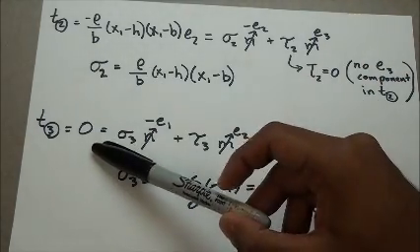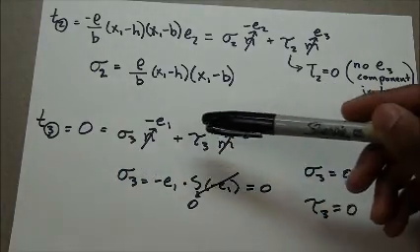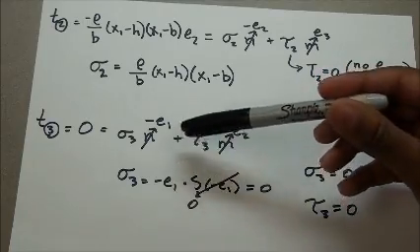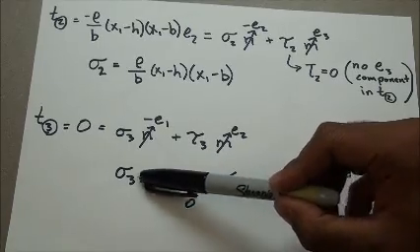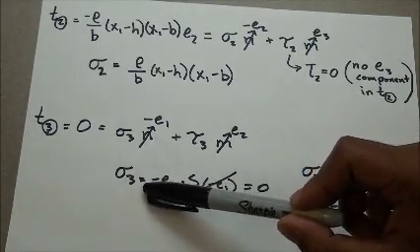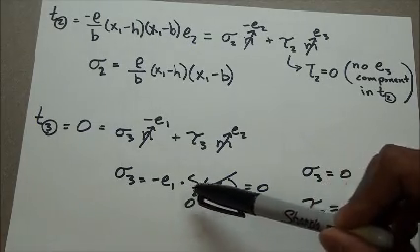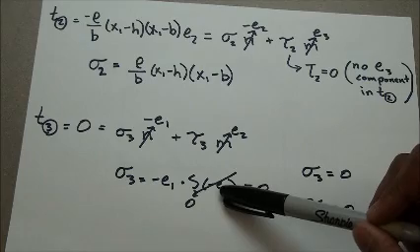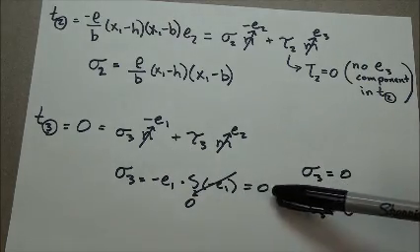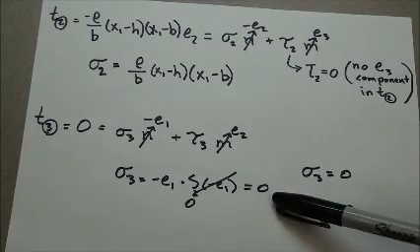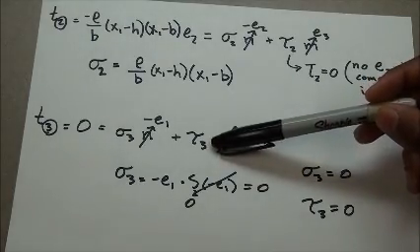For face 3, we found that the traction was 0. For the normal stress, we took the dot product of negative E1 with the traction, which was 0 for face 3. So the normal component was also 0, meaning that the shear would equate to 0 as well.